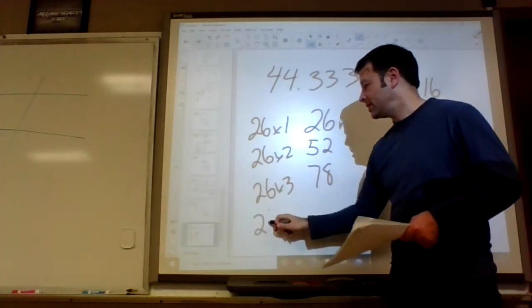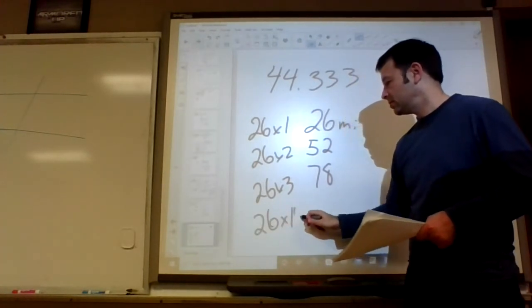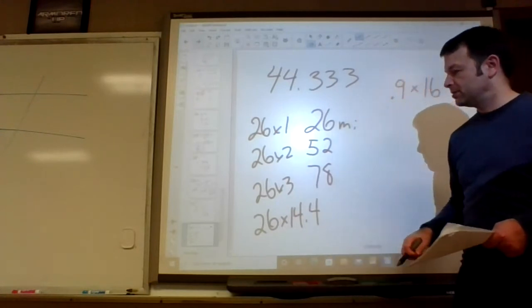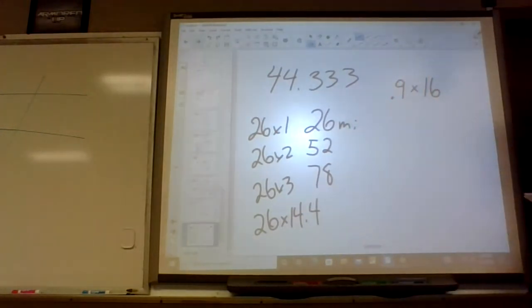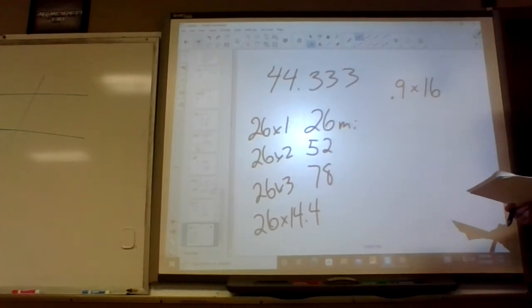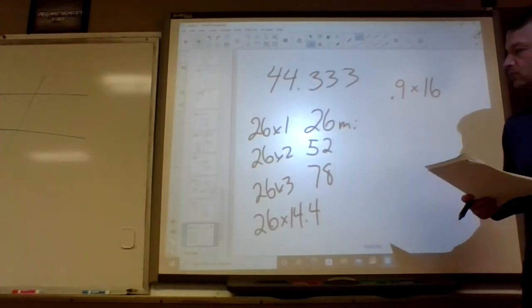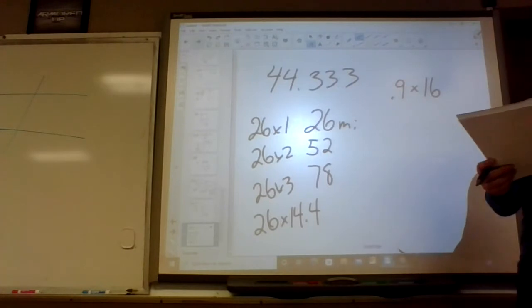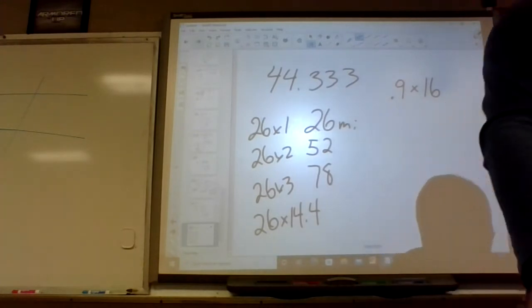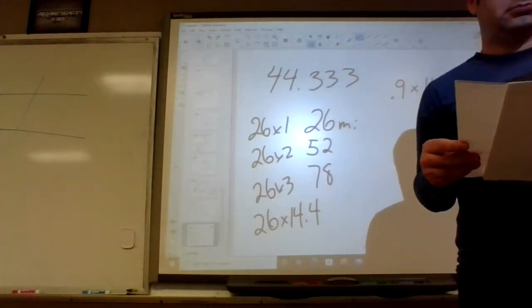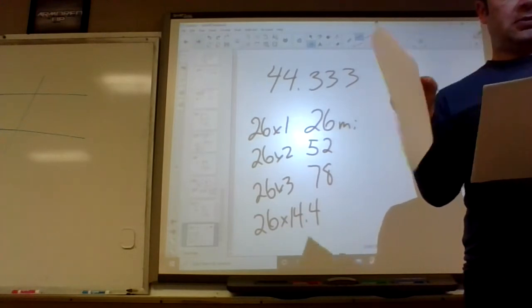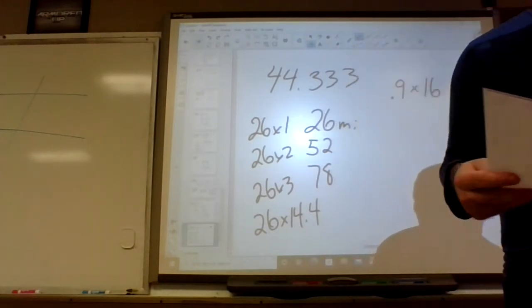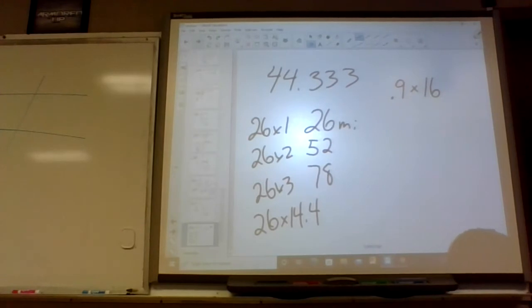How far is he going to get? 26 times 14.4. Okay, use the calculator. 374. It says round to the nearest mile. 374 miles.